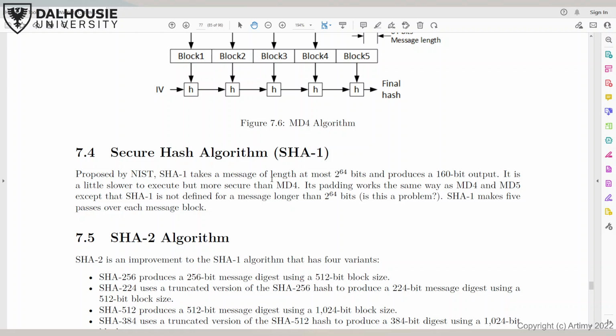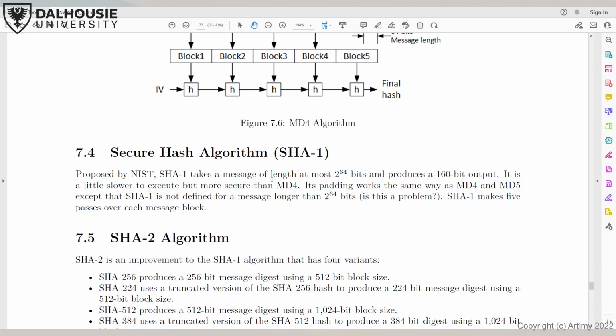It's slower, but it's more secure. The padding works the same way as in MD4 and MD5. The only limitation is that the message cannot be more than 2 to the power of 64 bits.